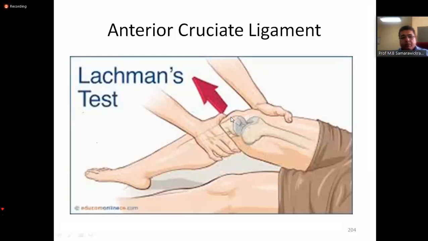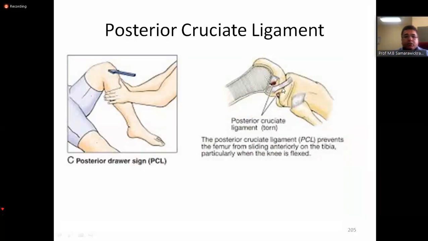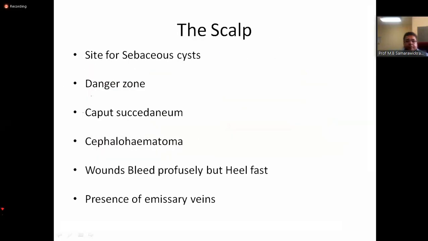If the mobility is more, that is anterior cruciate ligament injury. Posterior cruciate ligament injury results in posterior displacement of the tibia over the femur. So you try to mobilize the tibia over the femur posteriorly. If it is posteriorly mobile, then you can diagnose posterior cruciate ligament injury.